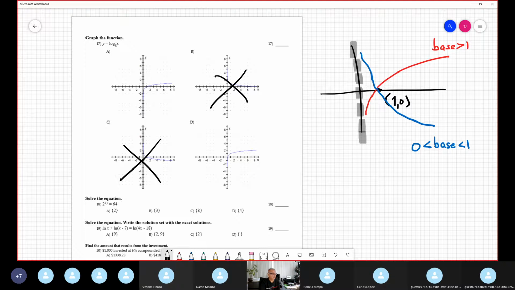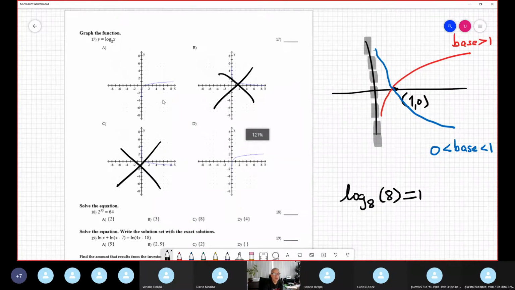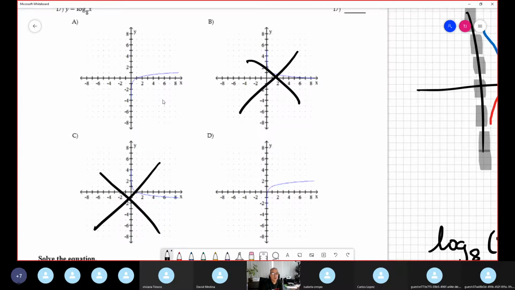So maybe this or maybe that. Okay. I know the logarithm of base 8 of A is 1, no? Let me zoom. Oh, yes, absolutely good. Look, A is 1. This is the answer.